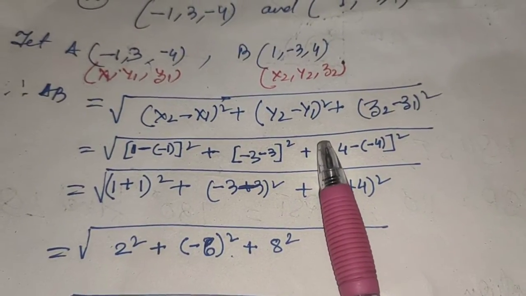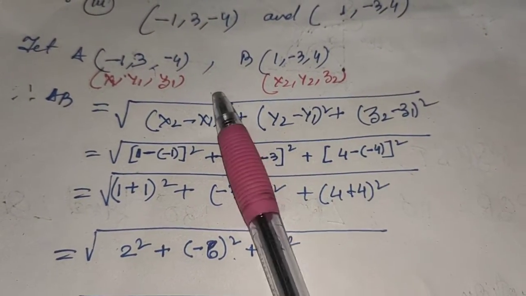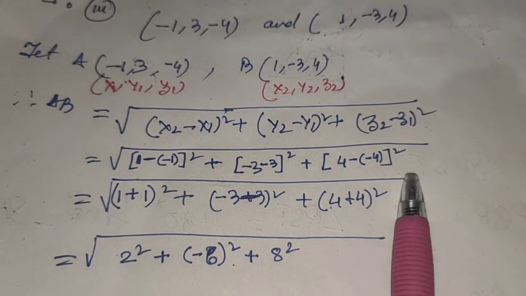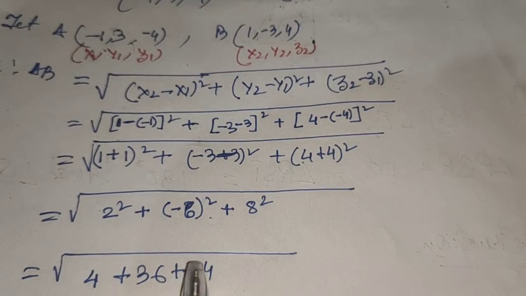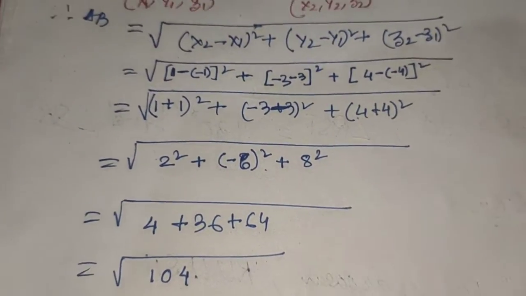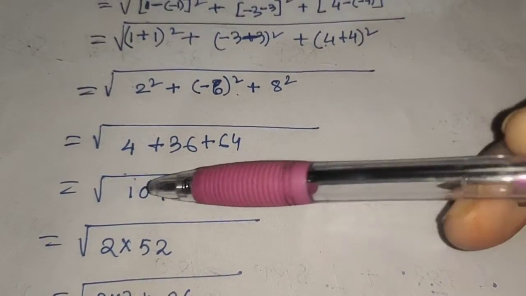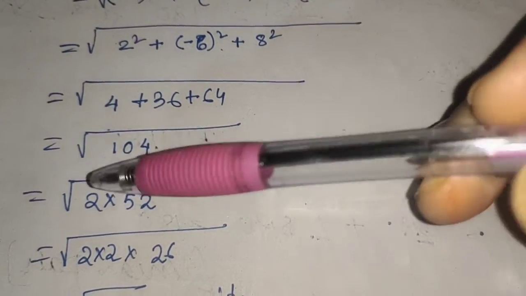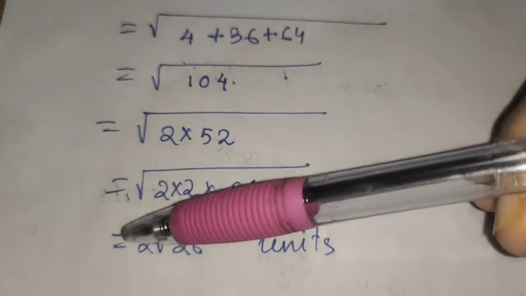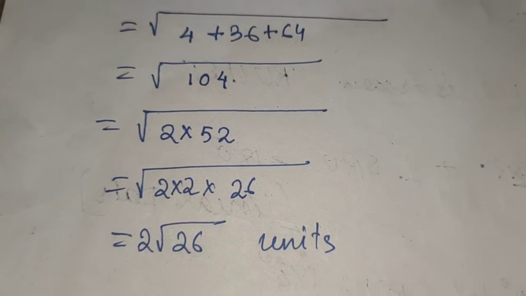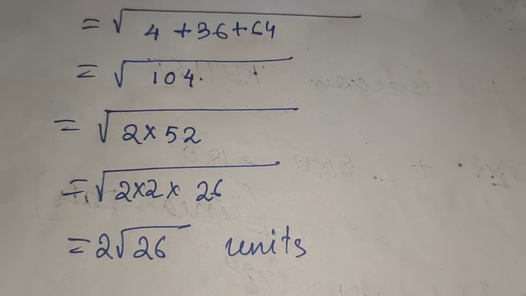The next one: z2 is 4 and z1 is -4, so 4 minus (-4) means 4 plus 4 is 8, and 8 squared means 64. So 4 plus 36 plus 64 means 104, and 104 you can break into 2 into 26, so it is 2 root 26 units. So this is the value of AB.